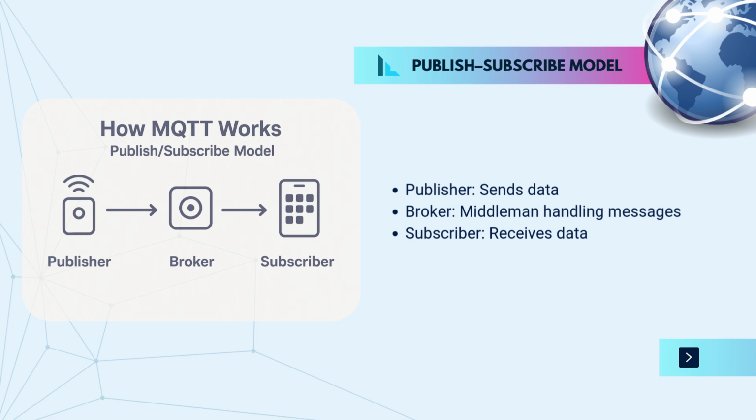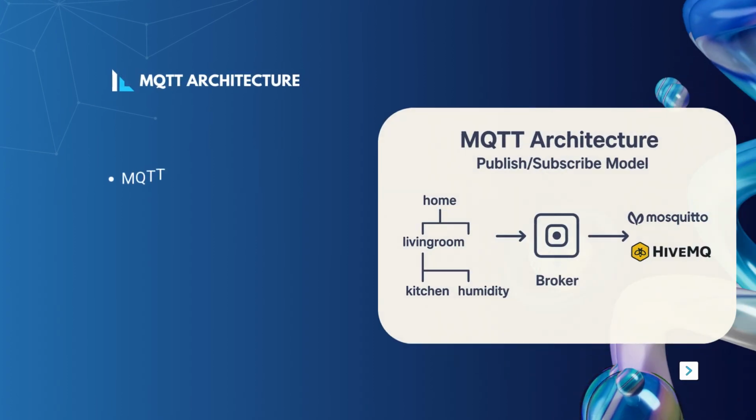But with MQTT, all sensors publish to the broker, and the apps just subscribe to the topics they care about. The broker handles the distribution efficiently. This model makes the system more scalable, more flexible, and easier to manage compared to the direct request-response method of HTTP.